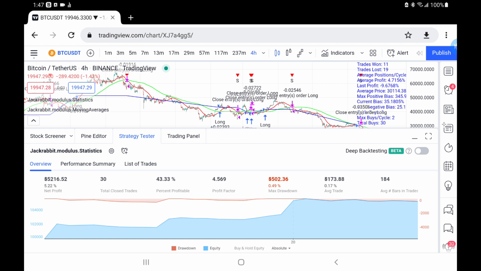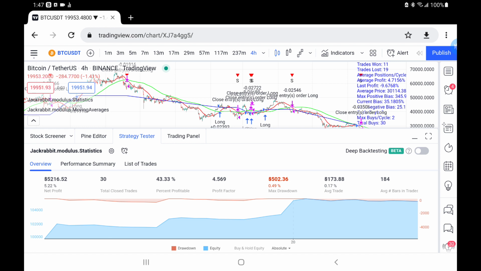Long-term Bitcoin, everybody's favorite. Trend following long position in a short market, and it made money. This doesn't necessarily make sense. It only won 43% of its trades.